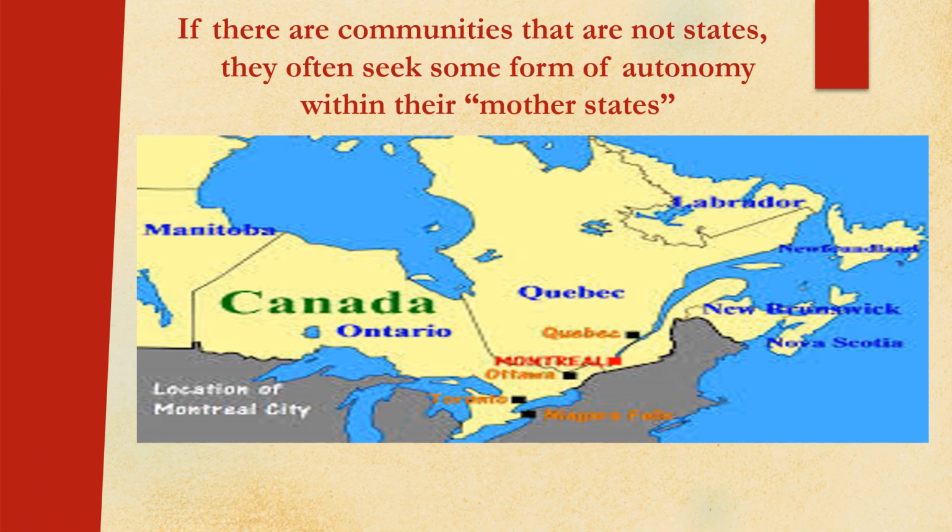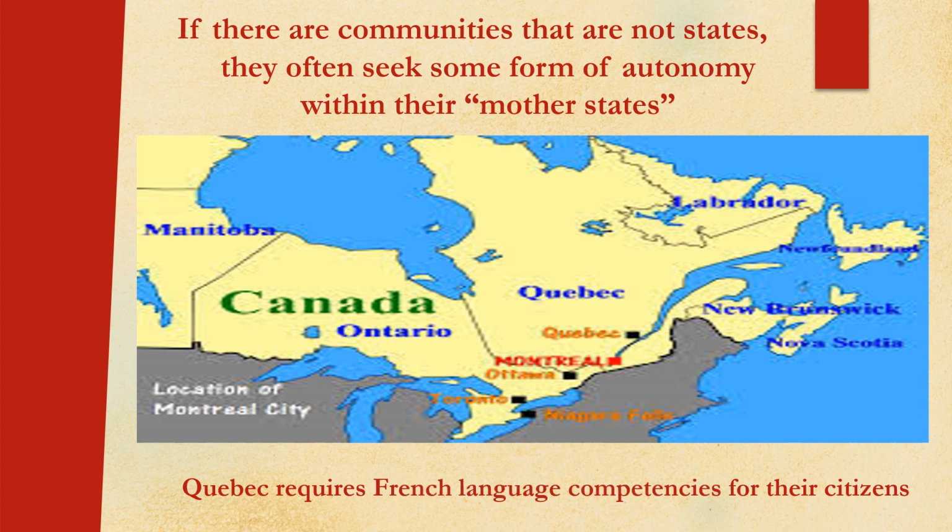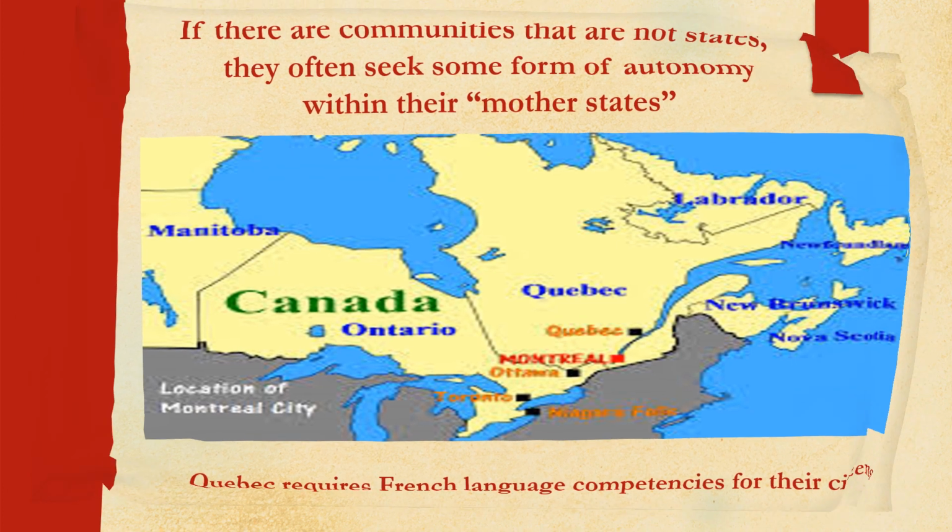If there are communities that are not states, they often seek some form of autonomy within their mother states. One example is the nation of Quebec. Quebec is under Canada, but in Quebec they require their citizens to have French language competency because Quebec was a colony of France before.